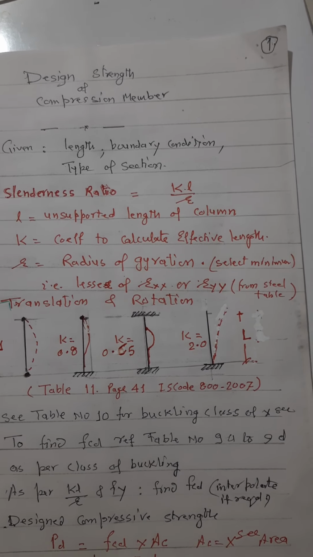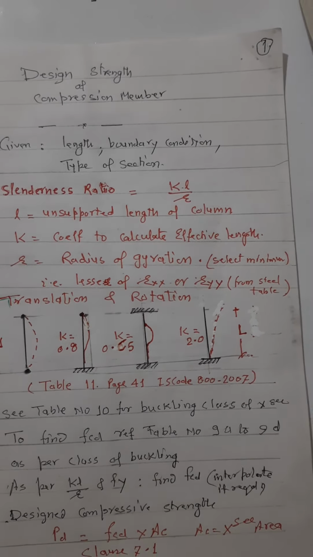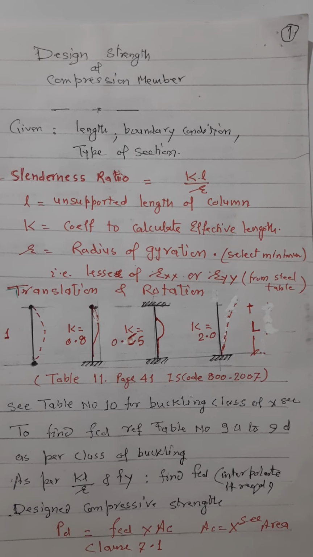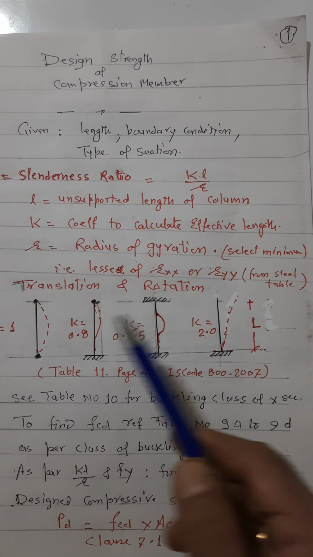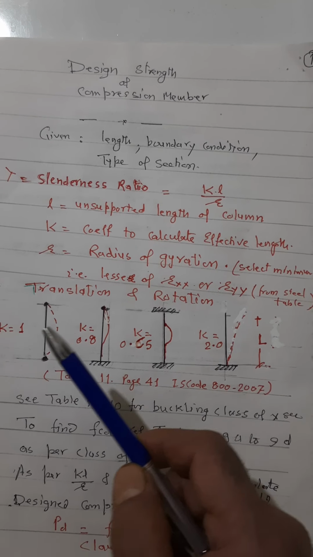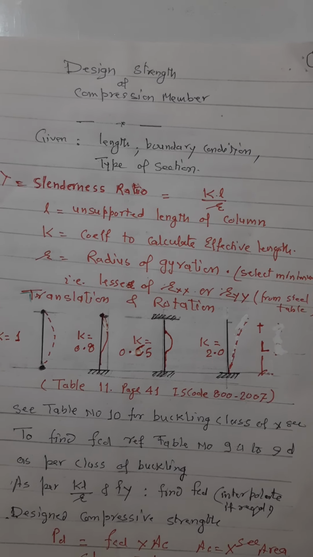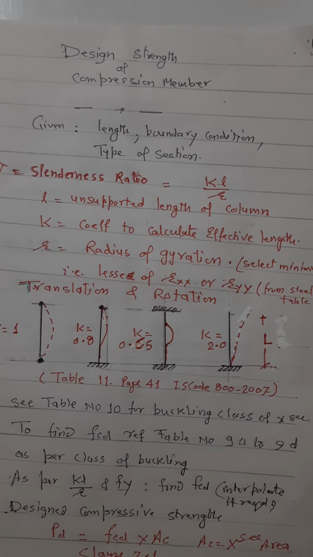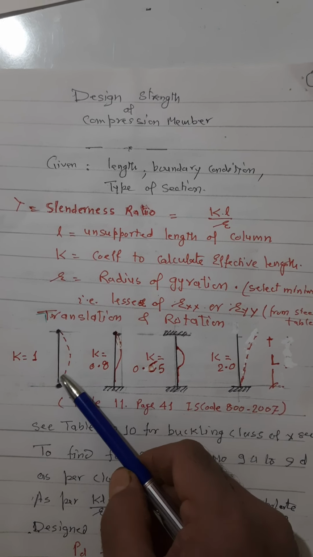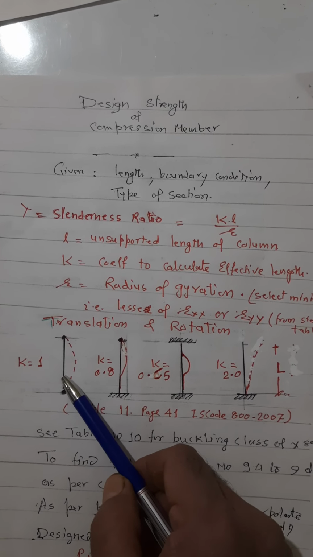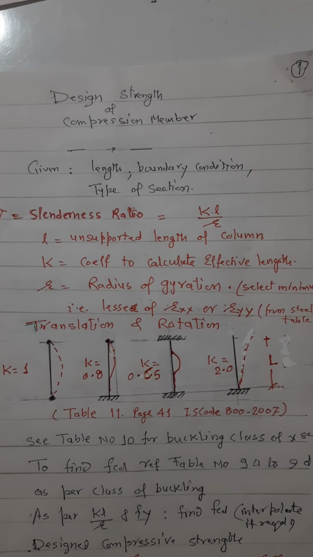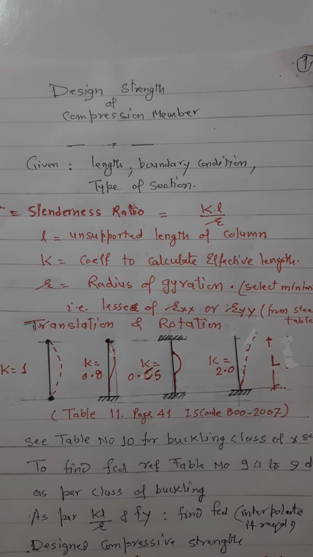Under such circumstances, various conditions have been mentioned. In all, 6 or 7 conditions are given in the code, but we are confining ourselves to only 4 conditions. Number 1, when both the ends are restrained in translation but not in rotation, it means it is hinged. For this we have to find some constant k. When this k is multiplied by the unsupported length of the column, that will give the effective length of the column.